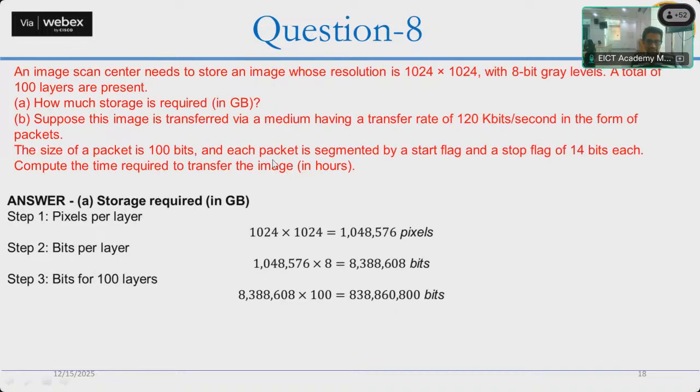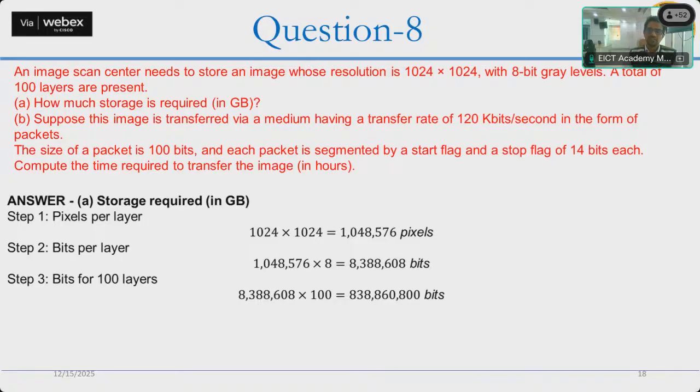In an image scan center, for example, we see different types of images, such as CT scan, MRI scan, etc. The center needs to store an image whose resolution is 1024 by 1024 with 8-bit gray level.